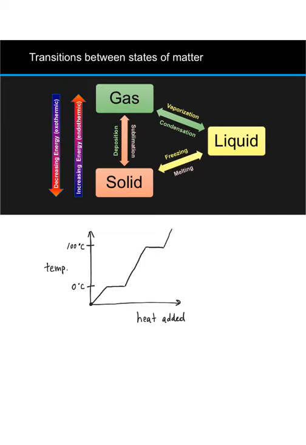If we could trap that vapor and continue to add heat to it, we could continue to raise its temperature, so that at this point down here, we've got a solid. In the middle, we've got liquid. At the extreme, we've got gas.